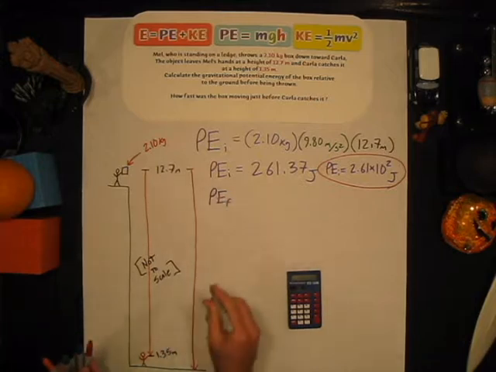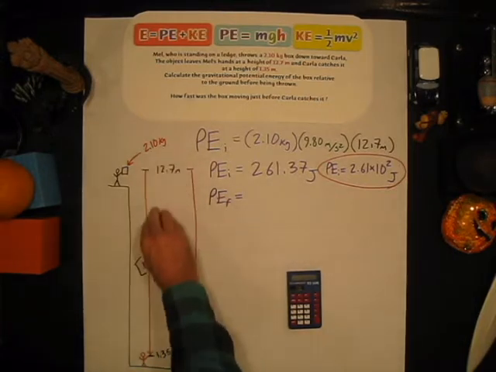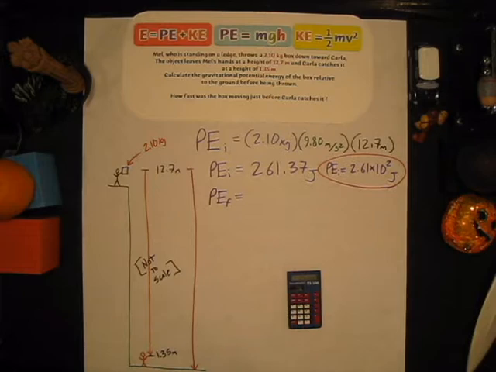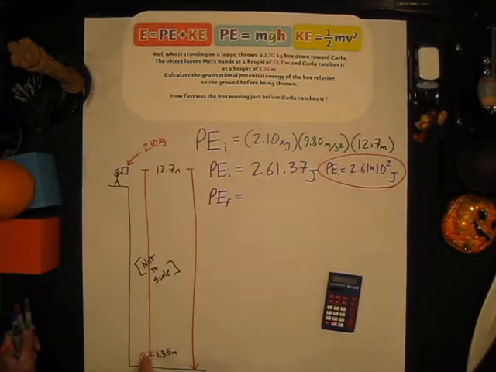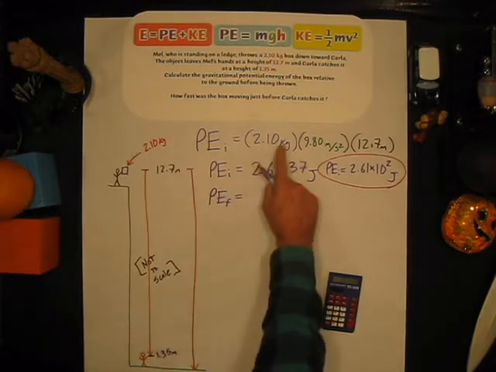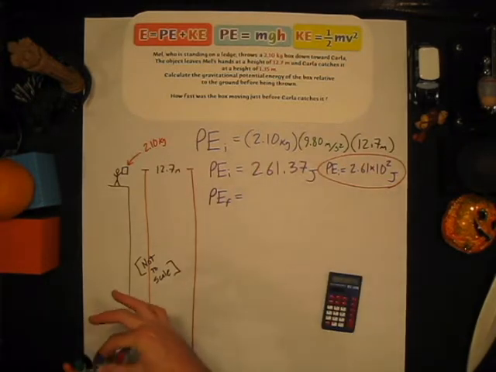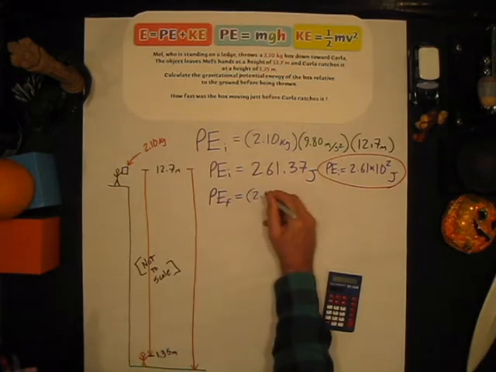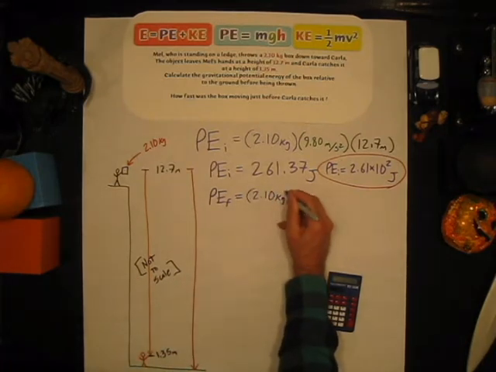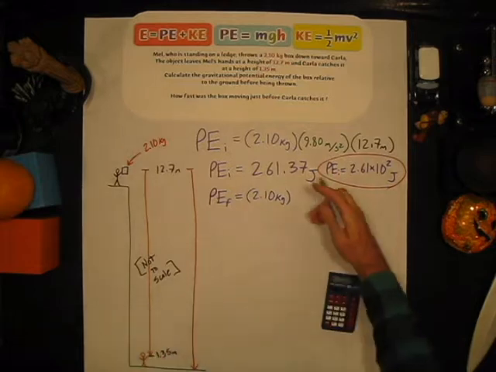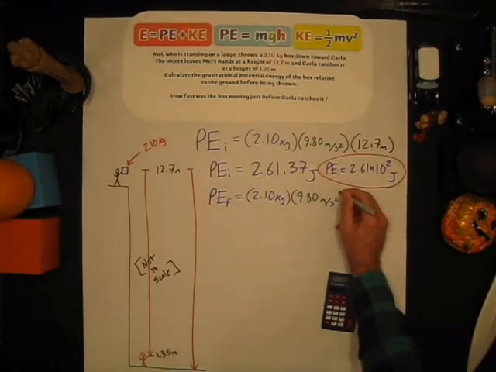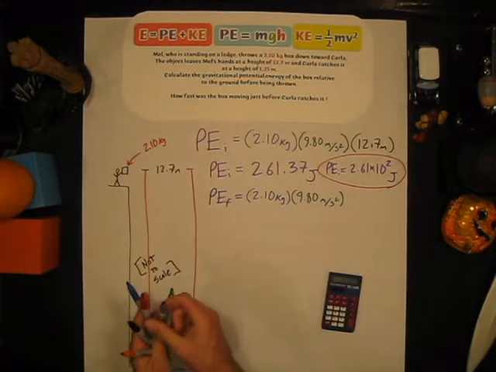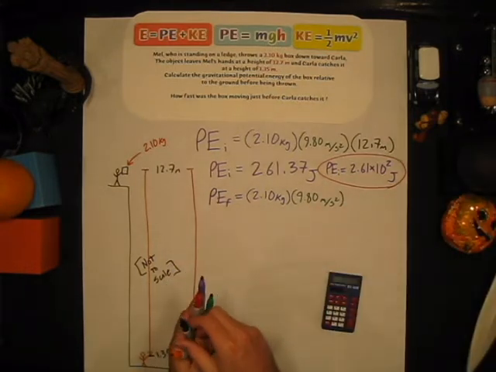There are a number of different ways to do this. We could start with the difference between them, but I'm just going to find out what the potential energy is going to be when it's right there. Most of those numbers are the same. Assuming that the box has the same mass, and that Earth still has the same gravitational acceleration, unless a big chunk, like a continent, goes flying out into space.